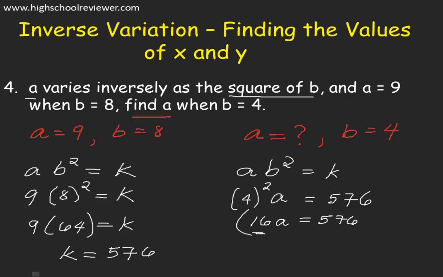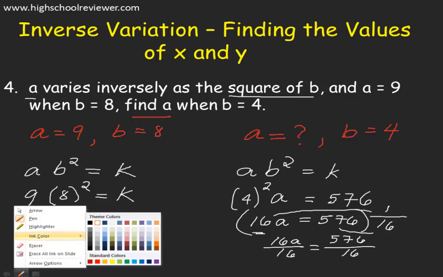So divide both sides of the equation by 16. So this will be 16a times 1 over 16, that is 16a all over 16. And 576 times 1 over 16 will be 576 divided by 16.